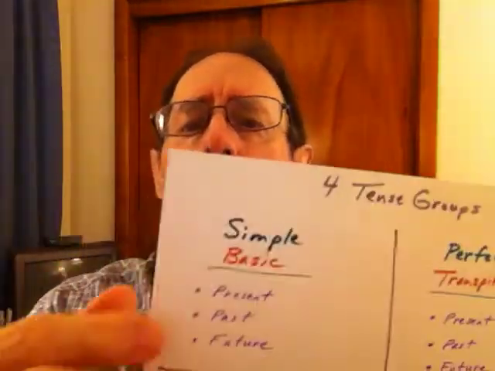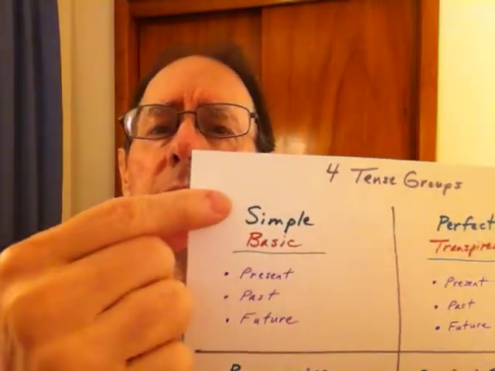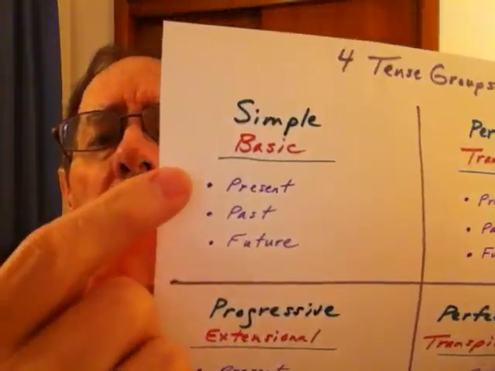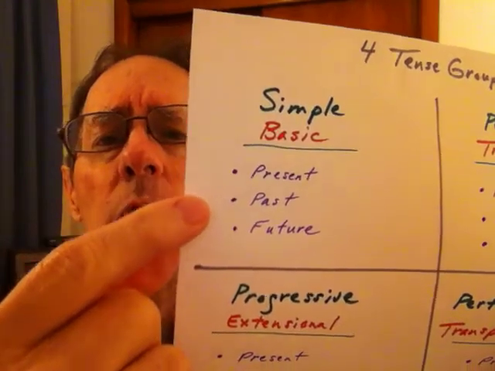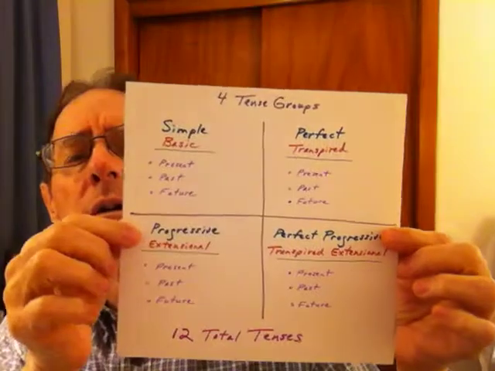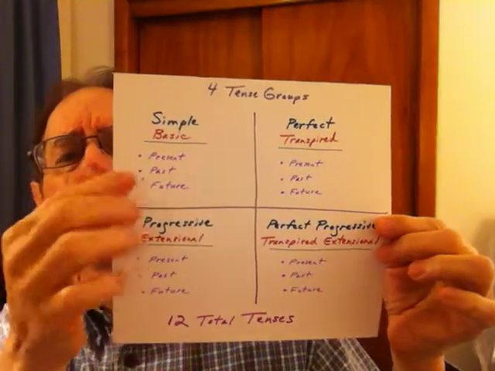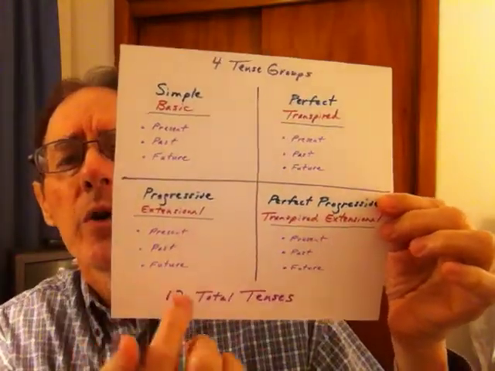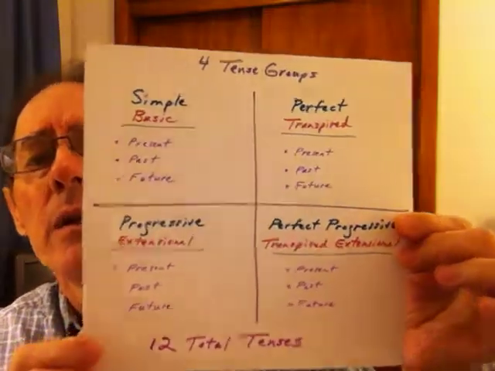When you mention this tense group, you're giving a general indication of when the action is happening, but when you use your action time indicators, you're giving a more specific time. So you have your four tense groups, 1, 2, 3, 4, but in total you'll have 12 tenses.